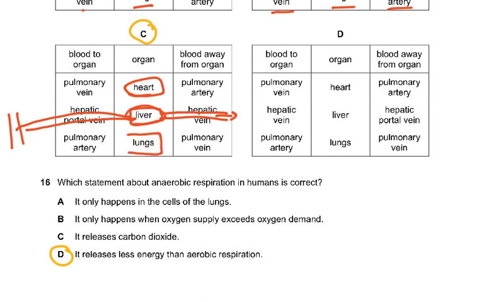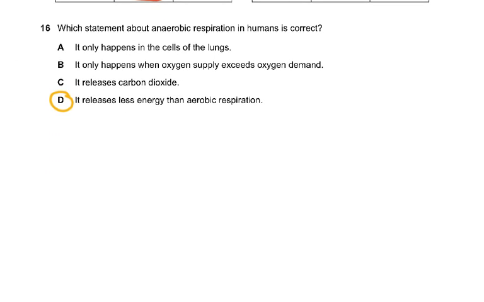Then the lungs: the pulmonary artery brings deoxygenated blood to the lungs, and the oxygenated blood leaves the lungs in the pulmonary vein. So this had to be correct. Then the blood to the organ: the pulmonary vein goes to the heart, and the pulmonary artery carries blood away from the heart. So a little confusing, a little difficult, but I'm sure if you understand it, you'll be able to do it.